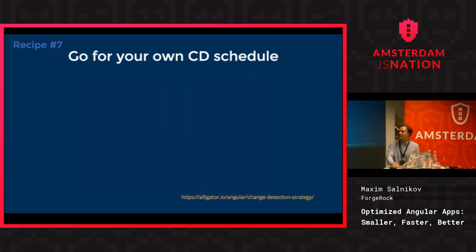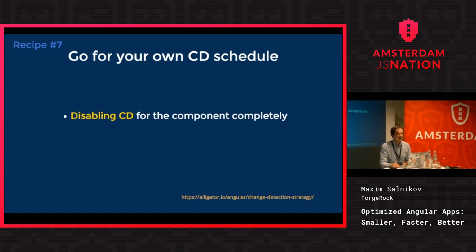And last but not least, let's create our own schedule for change detection. For example, if we have crazy super real-time data like from WebSockets, and it updates many times in a second, we just don't want to have this on our UI, so we can disable this for a component. And on the other hand, we can run something inside our component which doesn't trigger this at all.